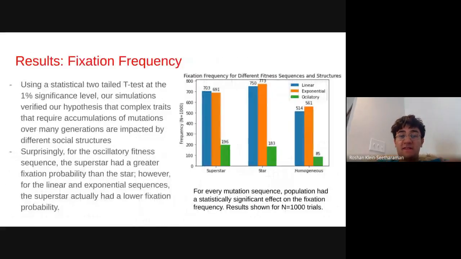Yet the fixation frequencies that we simulated were quite close for both of those. Our reasoning is that maybe it depends more on the shape of the curve or the direction that it's going, rather than the actual absolute difference that it's reaching.